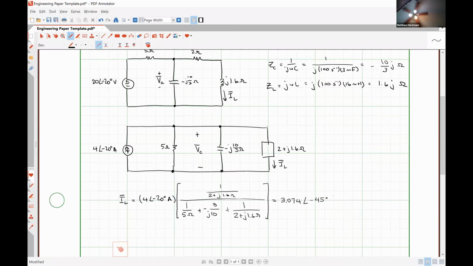Actually, let me check something real quick. Okay, no, it should be minus 65 degrees amps. Insert should be minus 20. There we go. Double check it. Need to change the mode on my calculator because it's giving me everything in rectangular and it's just driving me nuts.